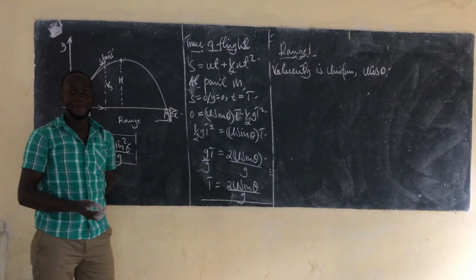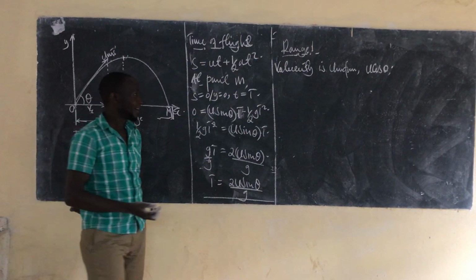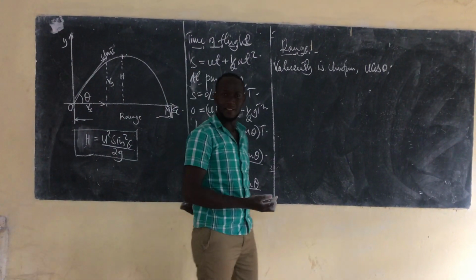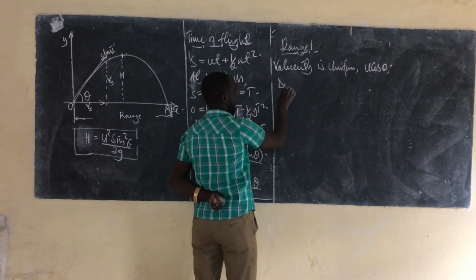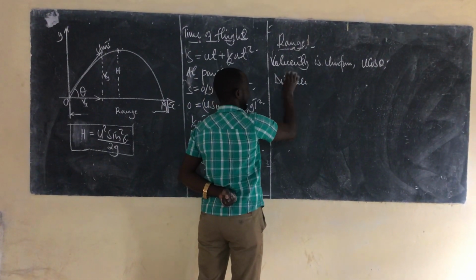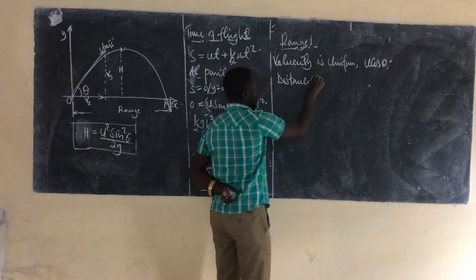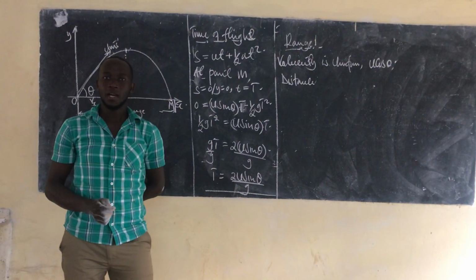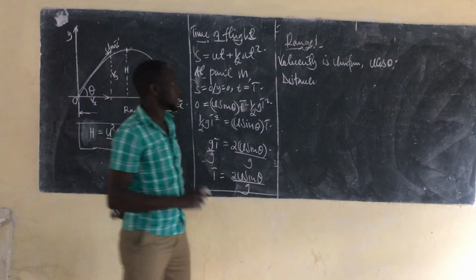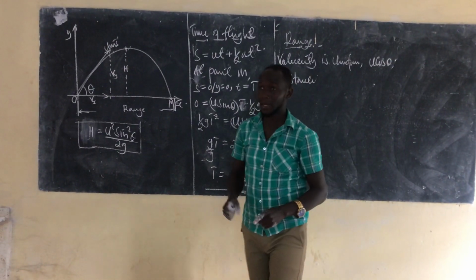After having that, just imagine someone asked you, how do we get distance? Equation to find the distance. Distance, in this case, will be range, and we shall have velocity, which is uniform, multiplied by time.